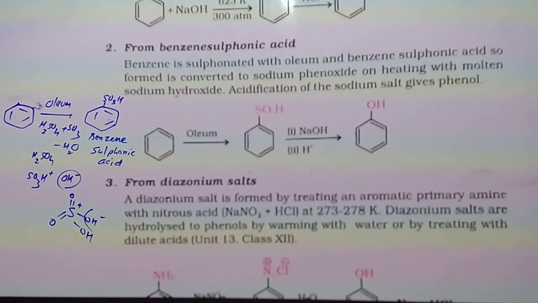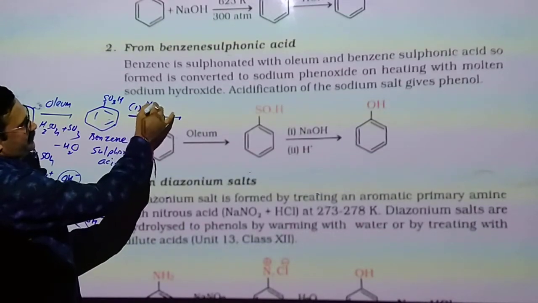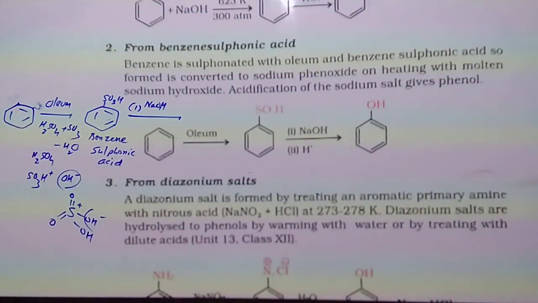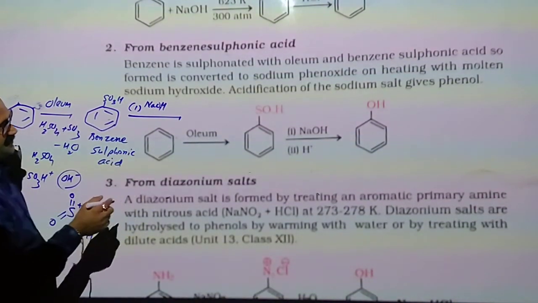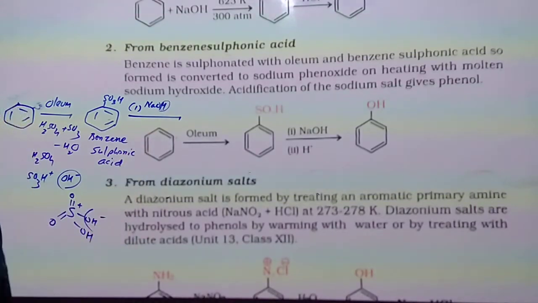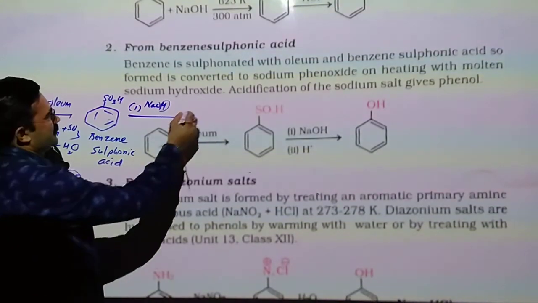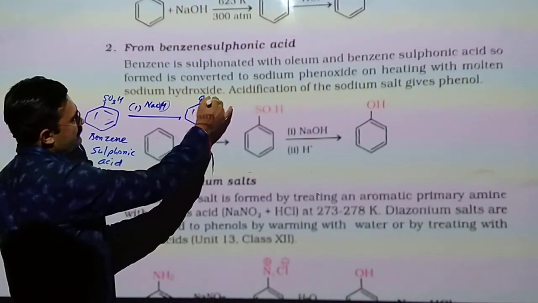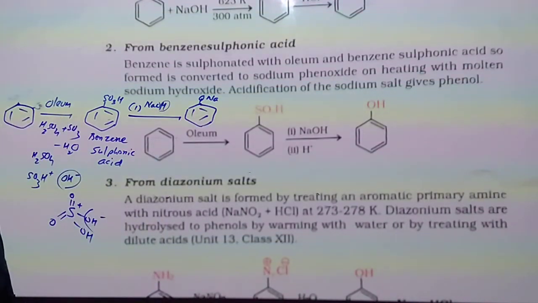This is then converted to sodium phenoxide on heating with molten NaOH, that is, without water. Not aqueous: molten means melted by heating. It reacts with it and gives sodium phenoxide, ONa.